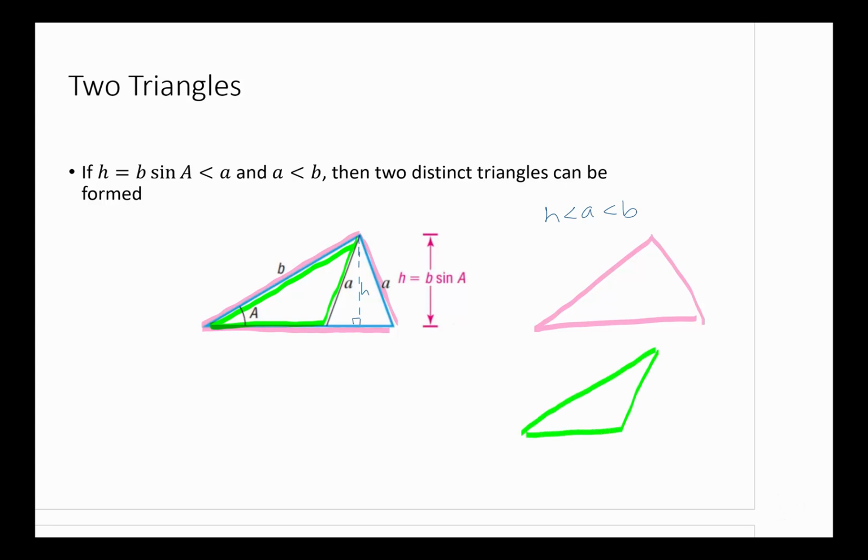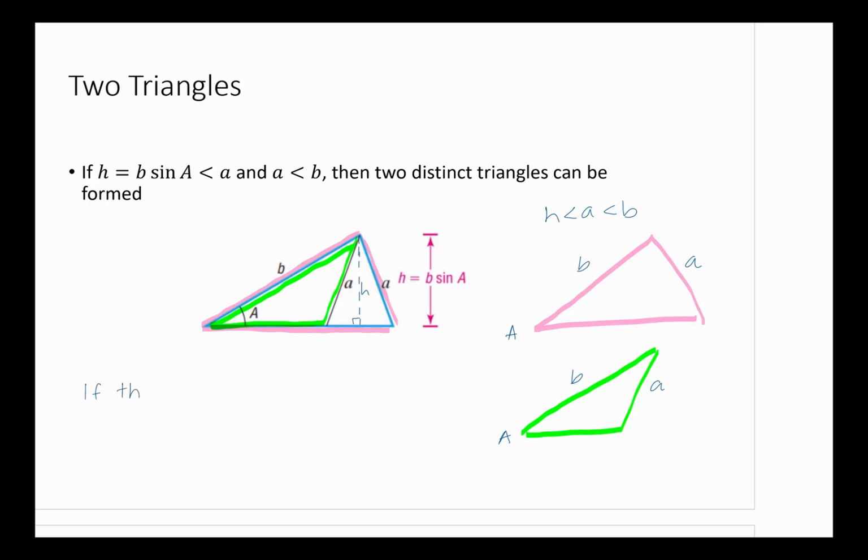And notice that both of them have angle A, both of them have side B, and they both have side A. But notice what's different. This angle here is different, this angle here is different, and this side is different. So 3 pieces remain the same, and 3 pieces are going to change. So if A is between H and B, then we have 2 triangles.